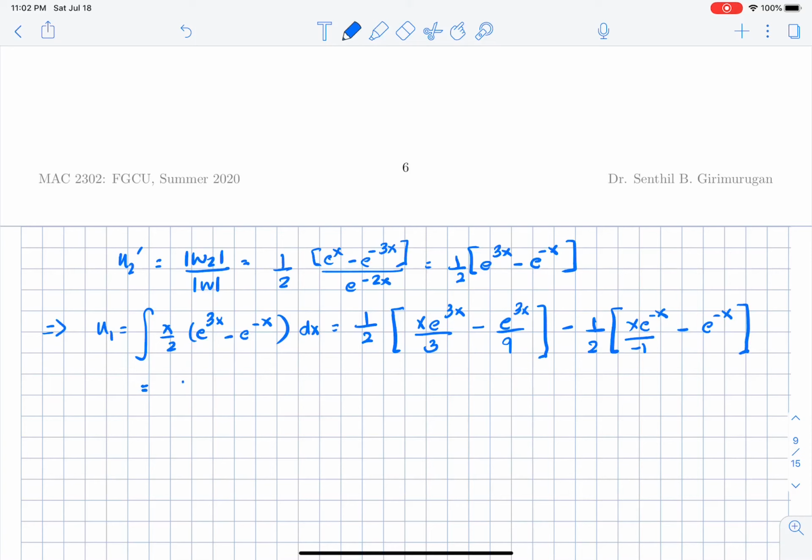That would give us 1/2 [3x e^(3x) minus e^(3x)]/9.